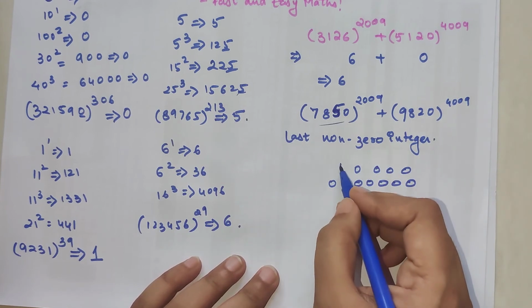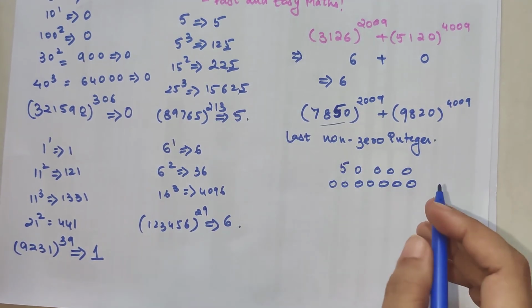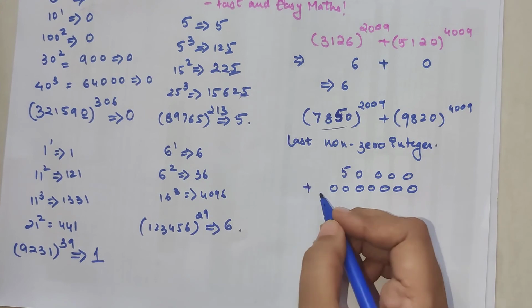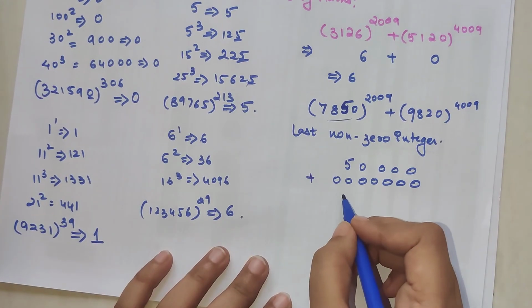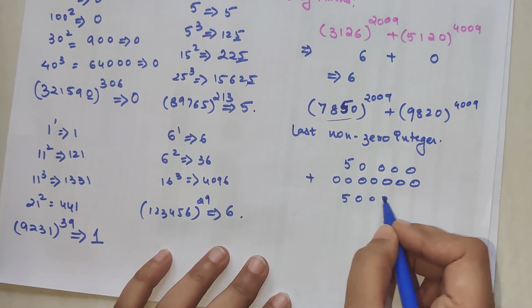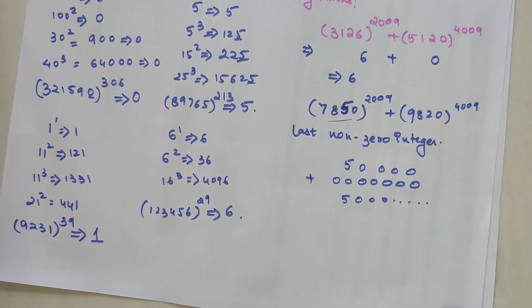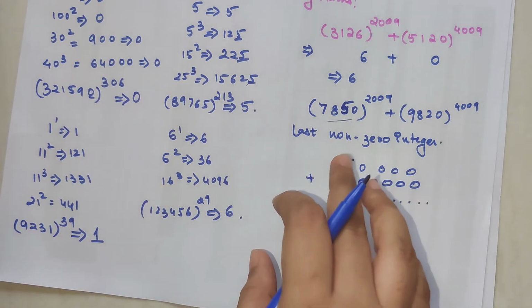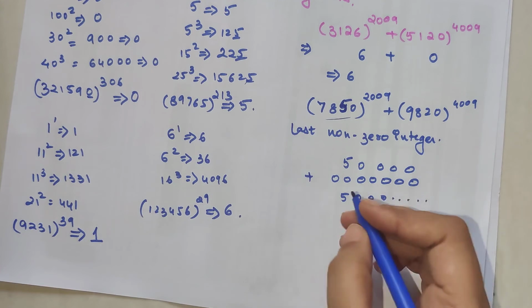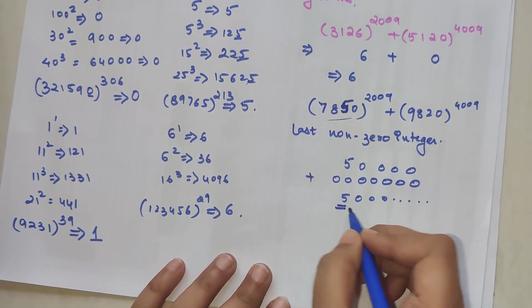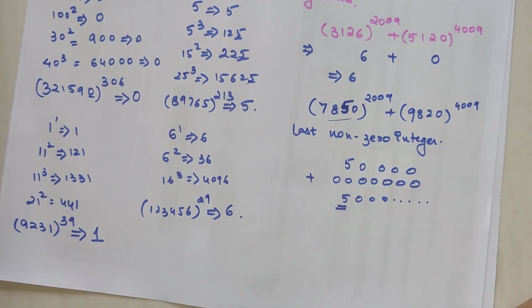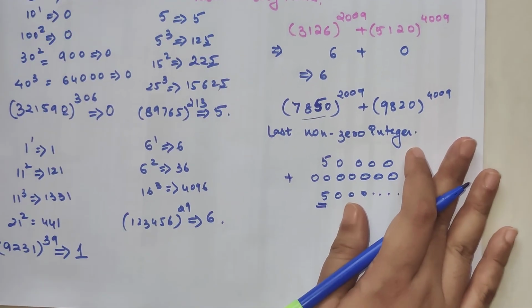So here can I say my last digit will be 5, something like that. Okay, so now when you add both of them, my final answer will have 5 0 0 0, which will go on. But my question is: last non-zero integer. So here in this case my final answer is nothing but just 5. Okay, so I hope you have got the point.